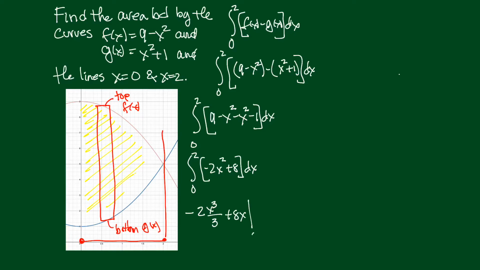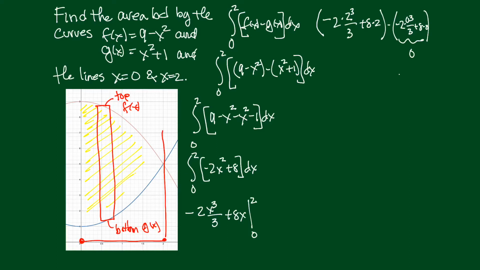Let's do that up here at the top right. Put in the 2: we get negative 2 times 2 cubed over 3 plus 8 times 2, minus, if you put 0 in here, negative 2 times 0 cubed over 3 plus 8 times 0.